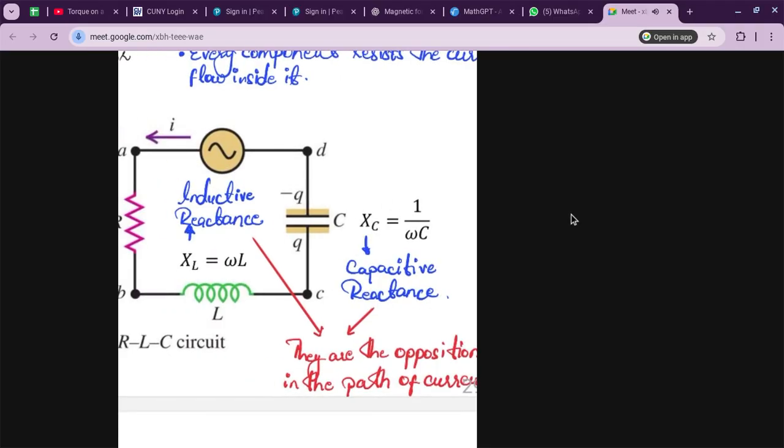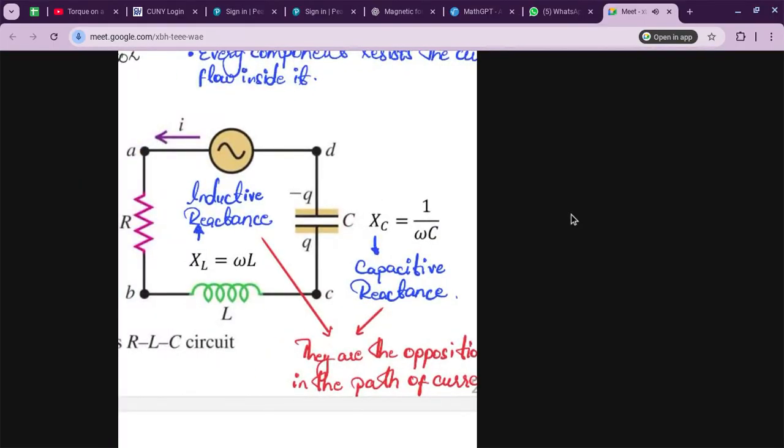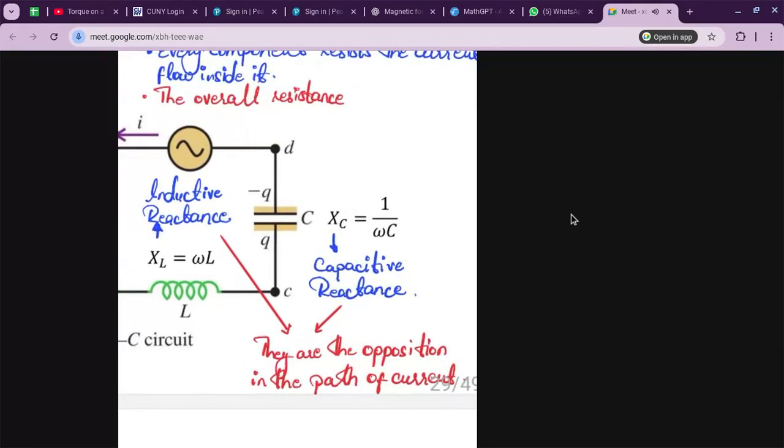So what about the overall resistance, or opposition, of the circuit?